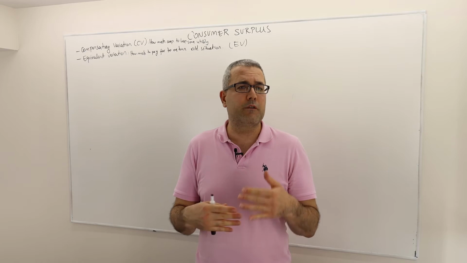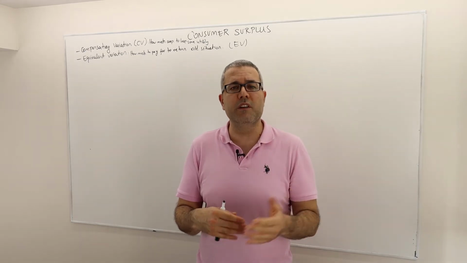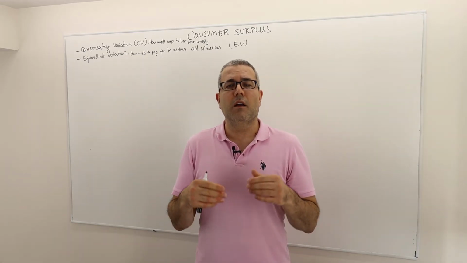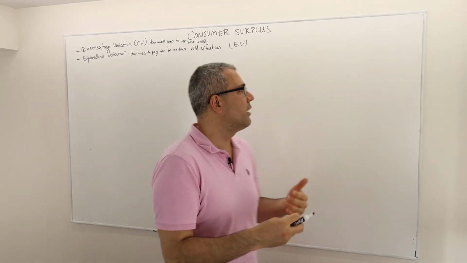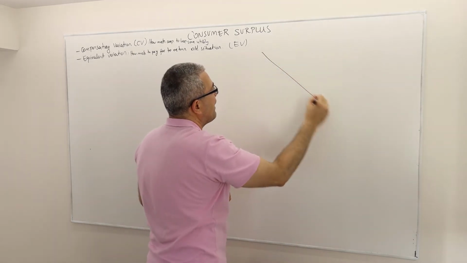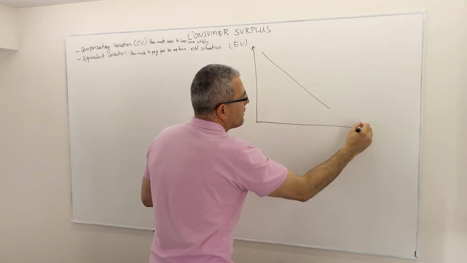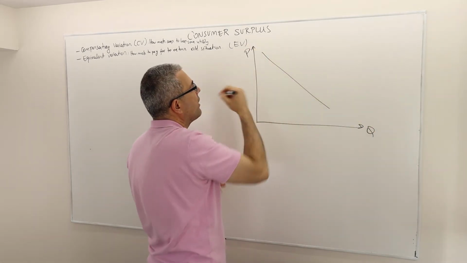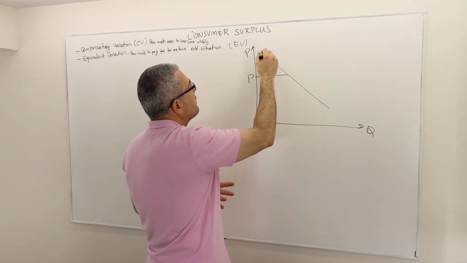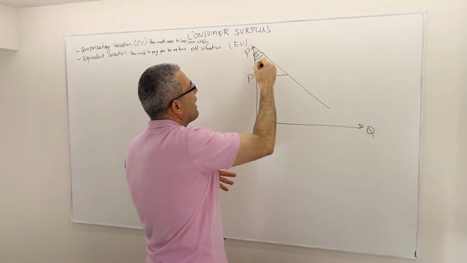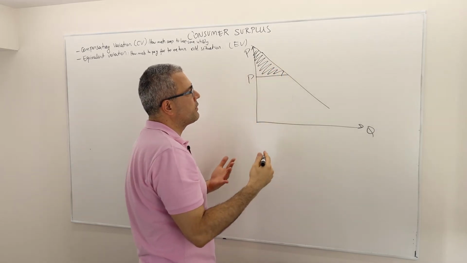Well, if you remember from your intermediate micro or principles courses, consumer surplus is the area between the price line and the demand curve, right? So if this is a demand curve, this is your standard quantity versus price curve. If this is your price, we know that this area is what's called consumer surplus.